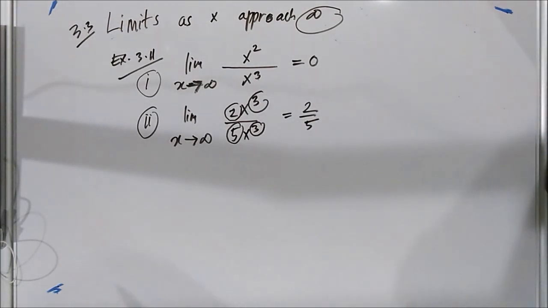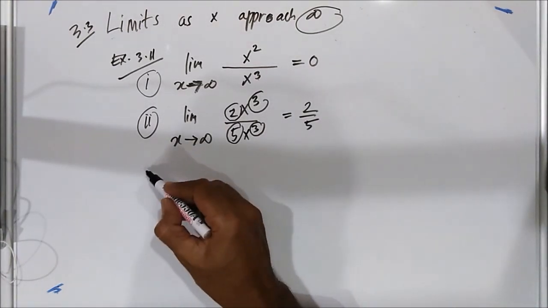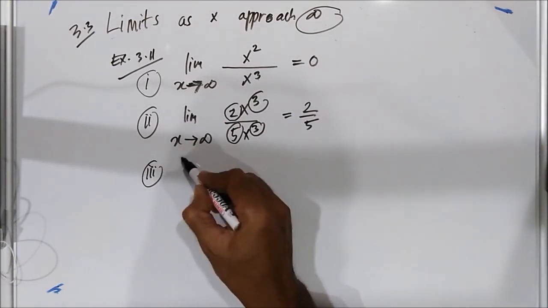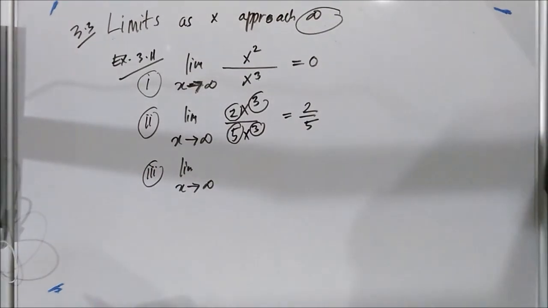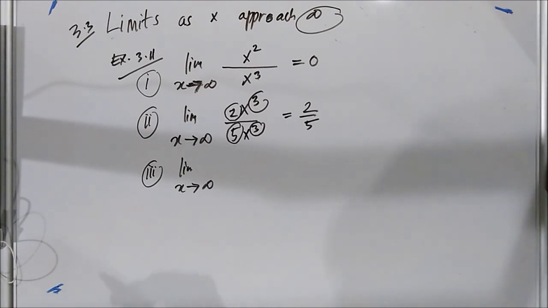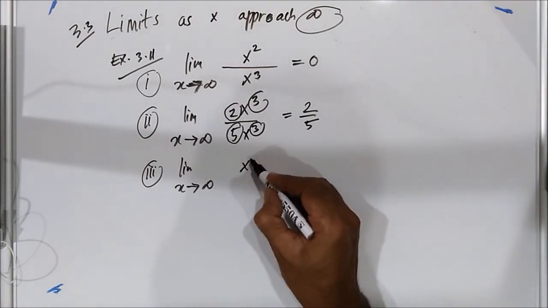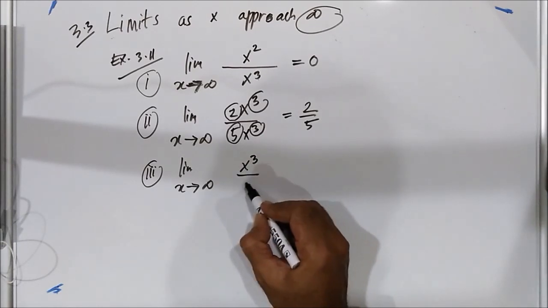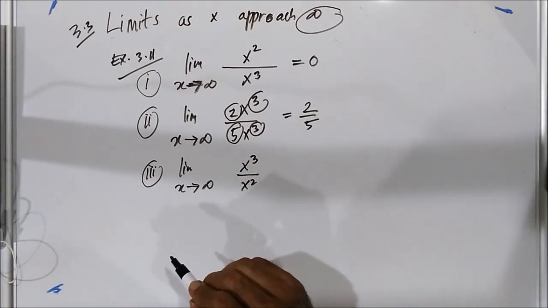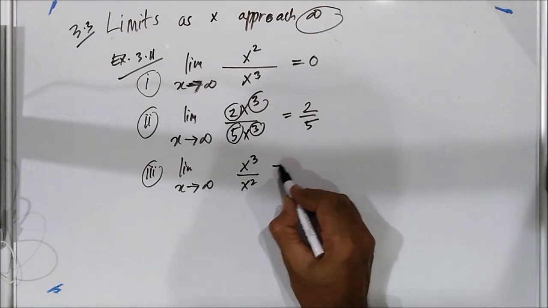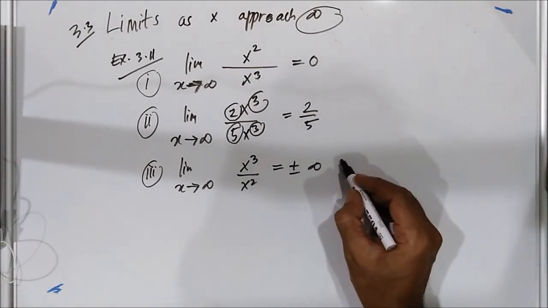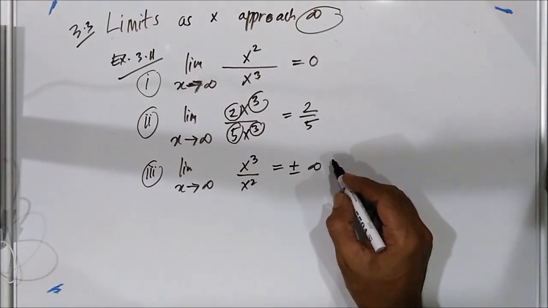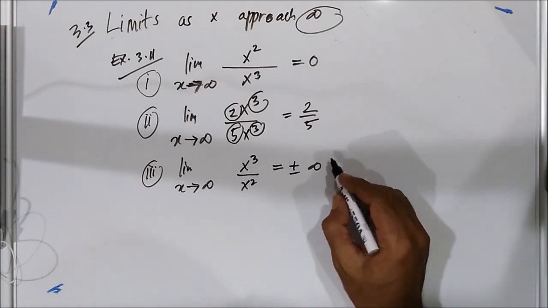Now, the third rule. Limit of x approaching infinity, if I have x raised 3 over x raised 2, this is equal to plus or minus infinity, or the limit does not exist.